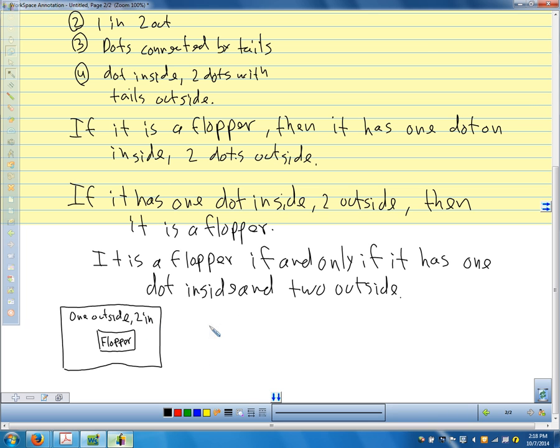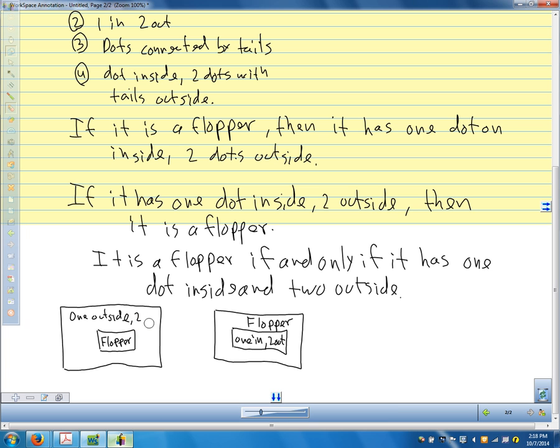And then for the converse that is true, these just switch around. So one in, two out, and flopper. The first one, would it be one outside or one inside? Oh, sorry, did I write it backwards? Yeah. One in, two out.